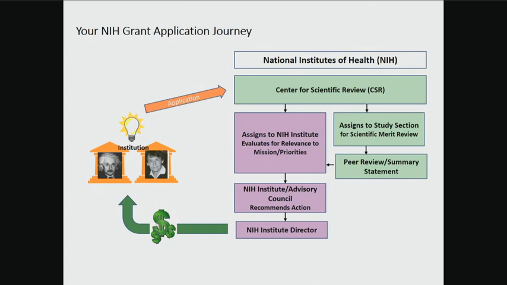So anyway, you're out here doing all your brilliant things, coming up with wonderful ideas, and you send in an application. And it goes, as I said, to the Center for Scientific Review. And they make two simultaneous decisions at that point. And one is which institute, like NIGMS, would be the most appropriate for the science that you're proposing. And then they make a separate independent decision which study section in CSR would be most appropriate. Now there are some caveats I won't go into.